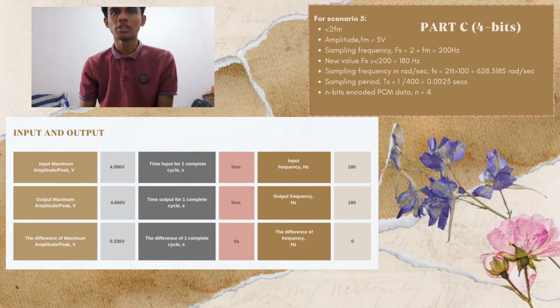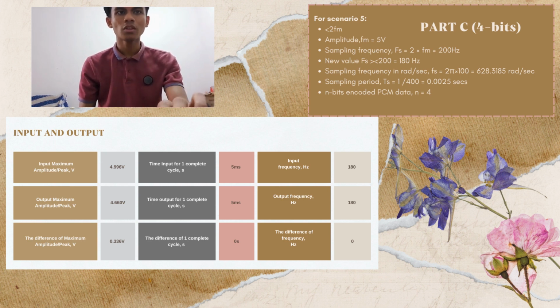For the last part C, 4 bits, for scenario 5, we need to get the new value for the fs, which is less than 2 FM. So our team chose the new value of 180 Hz. And this is our result for part C, where the input value is 4.996 volt, and the output value is 4.660 volt, so the difference is 0.336 volt.